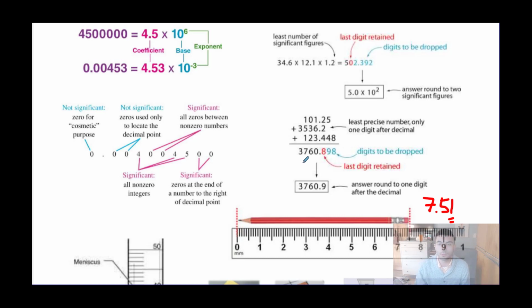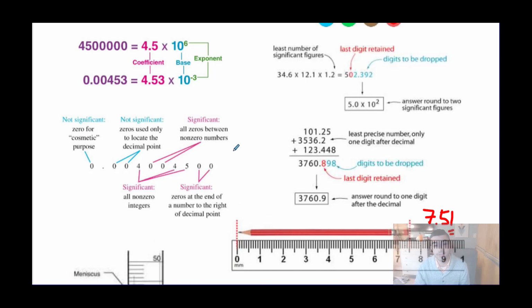So we went over some rules for defining how many significant figures are in a number, and they're summarized by this image here. So captive zeros are significant. Those are zeros that are sandwiched in between non-zero numbers. Any non-zero numbers are significant as well.